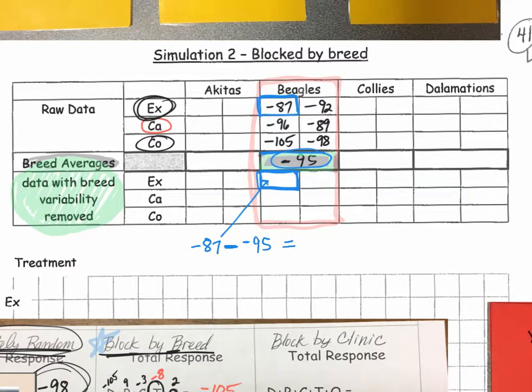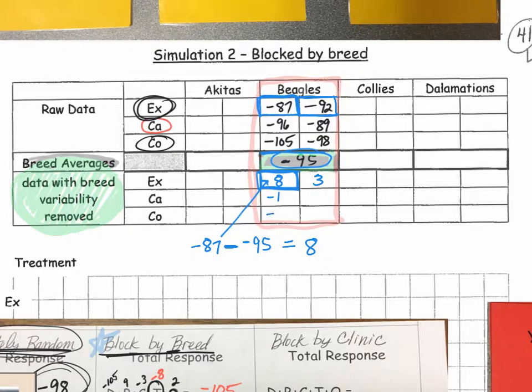And that number I get is an 8. So that number goes right there. Then we do that for each cell. So for each cell, we do -92 minus a negative, and that would be a +3, and so on. And so we end up getting the data for those.